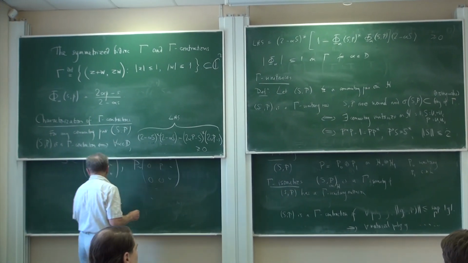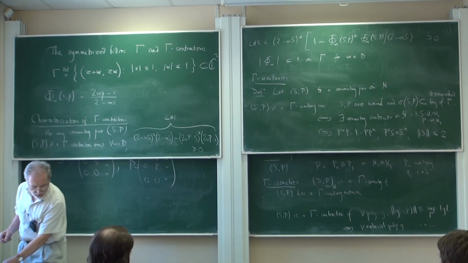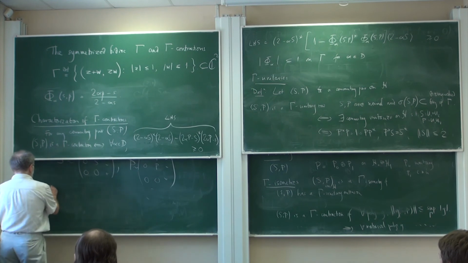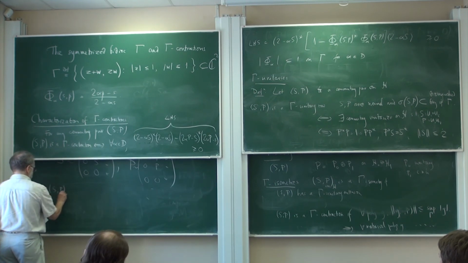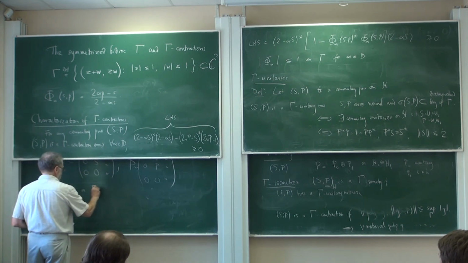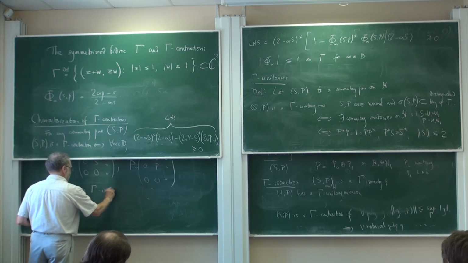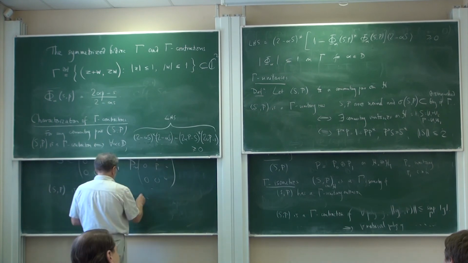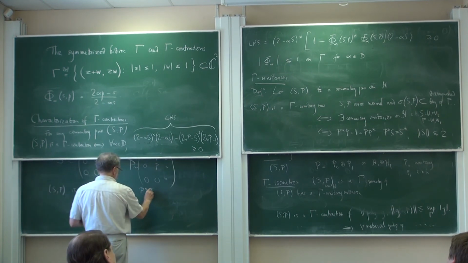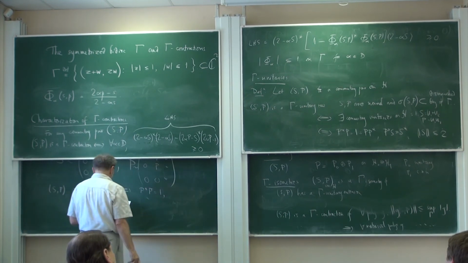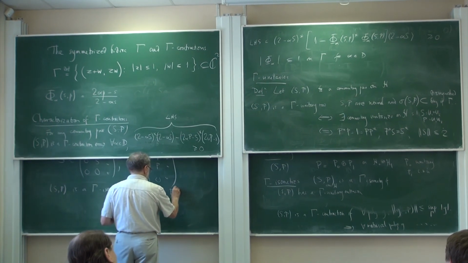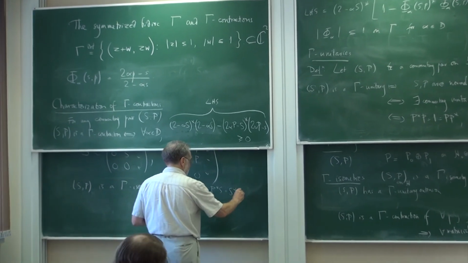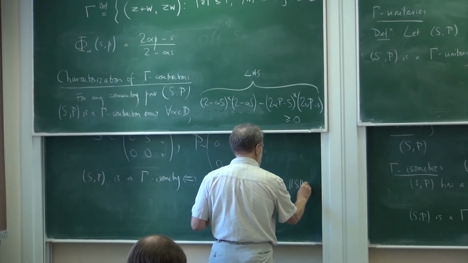And then there's a small theorem that says that you can express it in the following ways. S, P is a gamma isometry if and only if P is an isometry, so P star P is the identity, P star S equals S star, and norm S is less than or equal to 2.